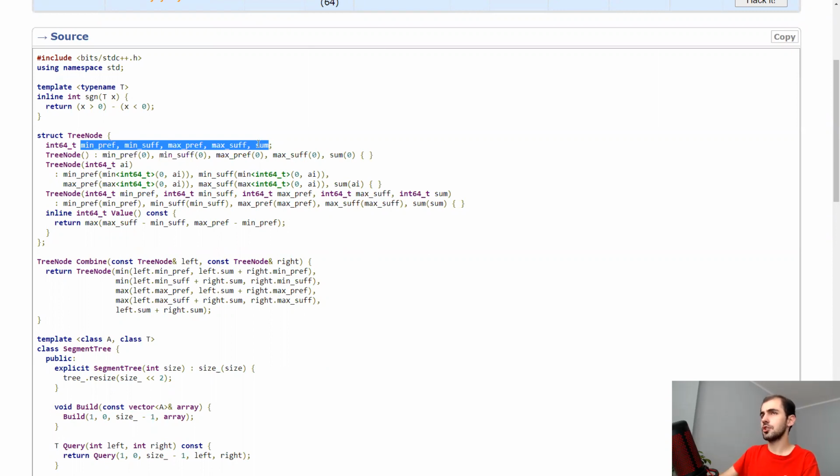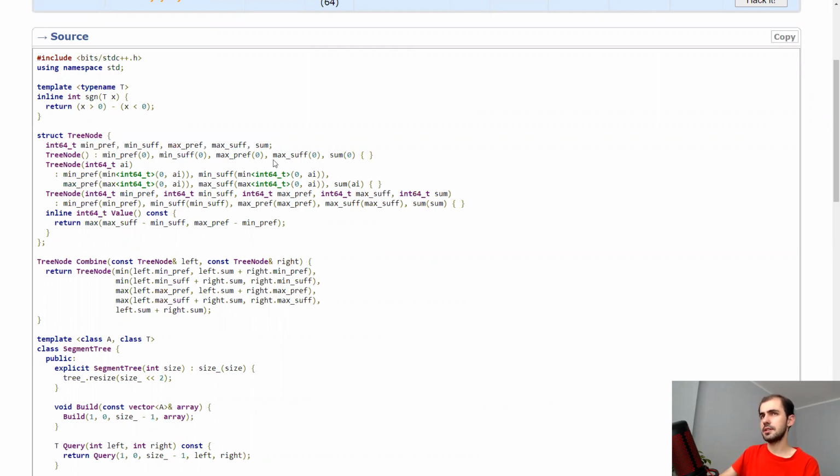Which I could have actually used to get rid of prefix sum, but whatever. Why is that? Because if you remember Kadane's algorithm, to find the maximum sum subarray, it cares about maximum prefix and minimum prefix so that it can subtract them.